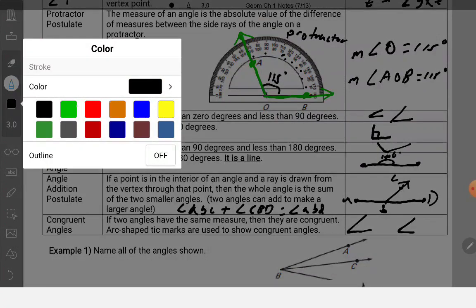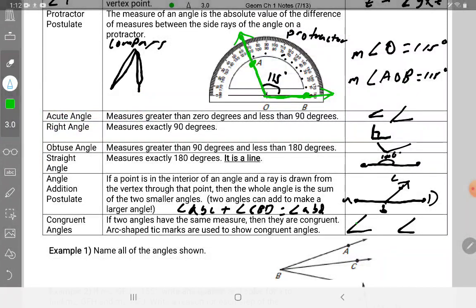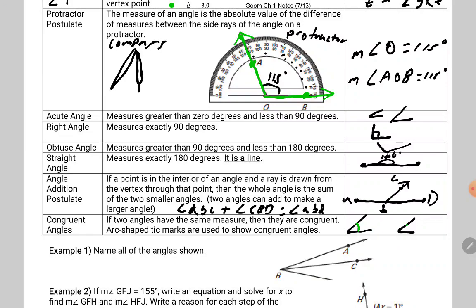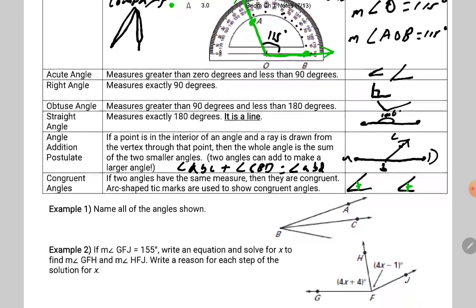Let's use green. So if you ever see an arc, that means these angles are congruent. Sometimes they have an arc with a tick, but that tells you that these angles are congruent. It means they have the same measure.